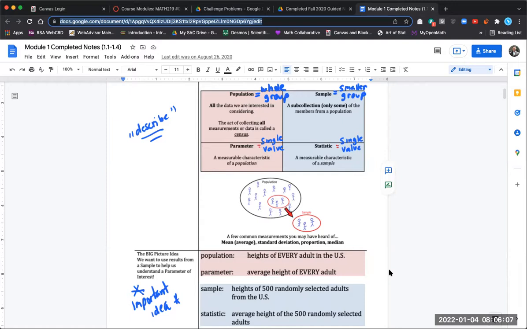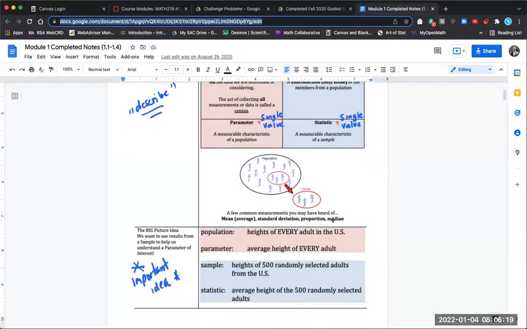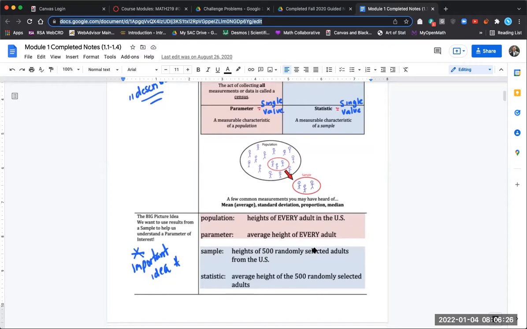It's not constant. The population many times is changing. And so we have to use samples to hopefully explain or describe the population, or use the statistic to describe a parameter. So many times we don't know what the parameter is. We just know theoretically that it's a measure of the population, but we use a sample to get at it. I'm going to keep coming back to that.